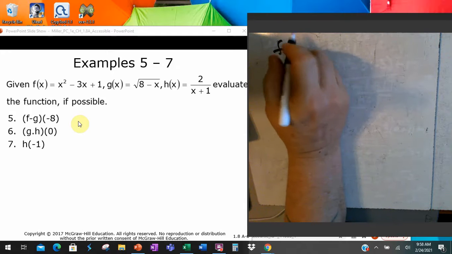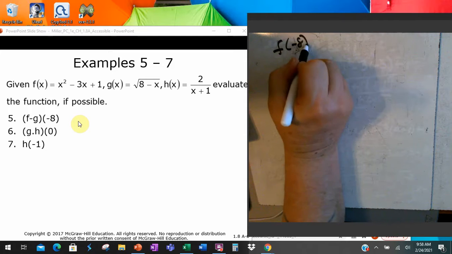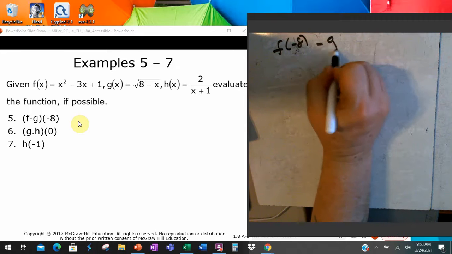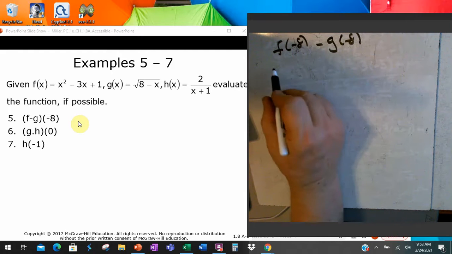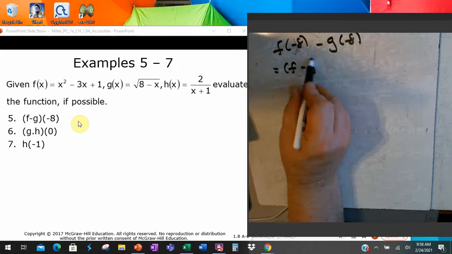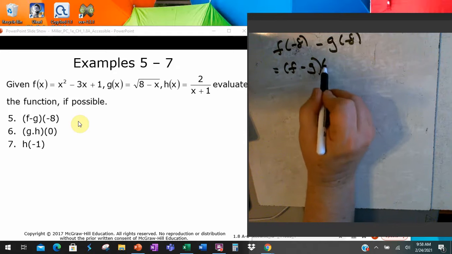If I do f of minus 8 and subtract off g of minus 8, that's going to give me the very same thing as f minus g of negative 8.